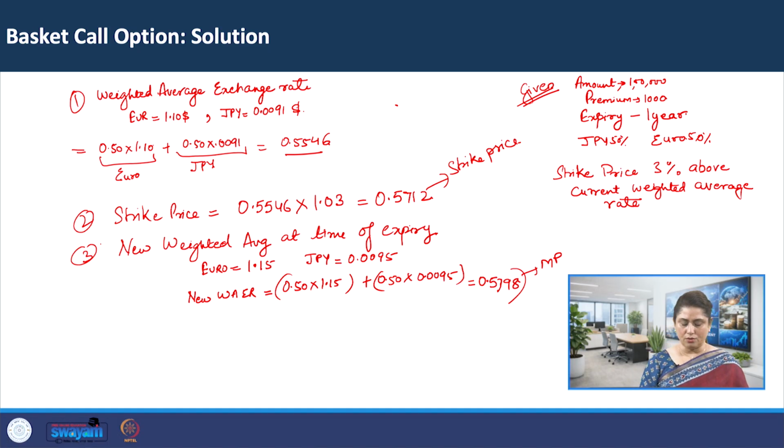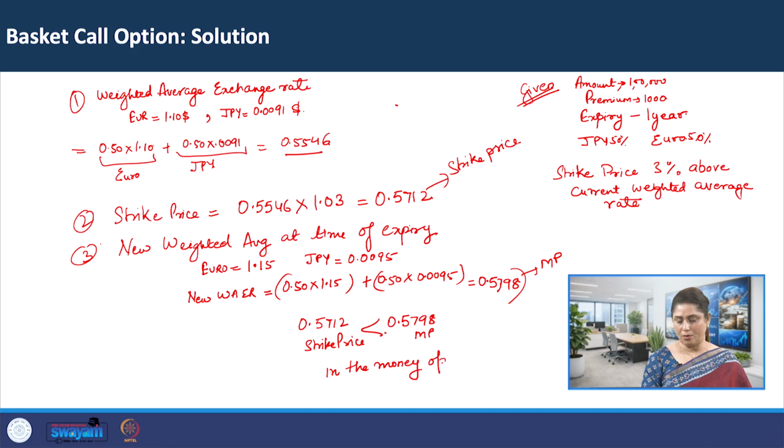Now we have to calculate whether it is in the money or out of the money. So here we know that the strike price, which is 0.5712, is less than 0.5798, which is the market price, and hence it is an in the money option.